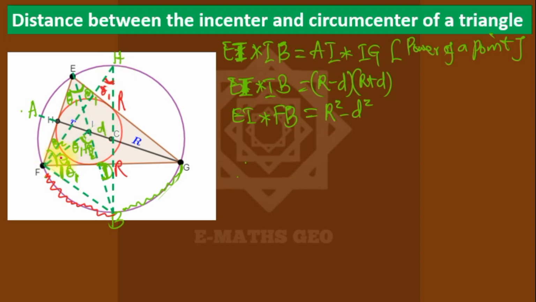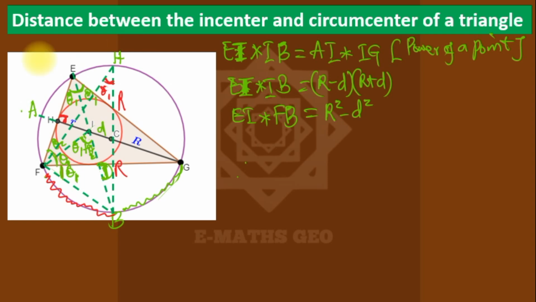We'll see that the total angle here is 90 by Thales' theorem. And since this is the inradius, this angle of 90 is always tangent to the side, acting as a tangent line. So what am I trying to say?